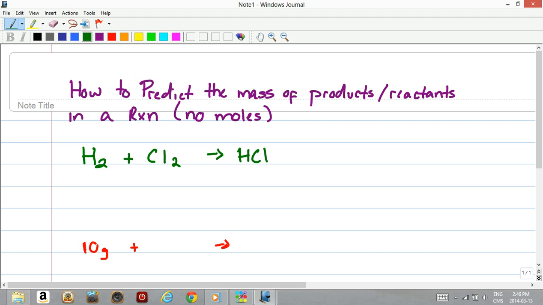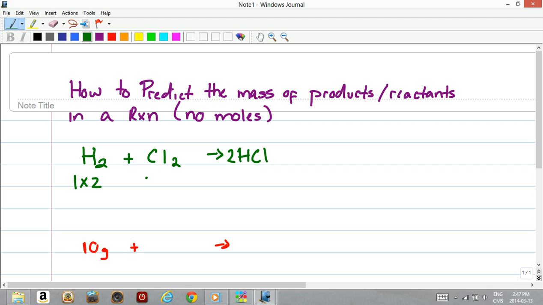What we need to know is, first of all, how to balance the equation. So I'm going to do that quickly for you. Okay, now the equation is balanced. The other thing we need to know is the atomic mass of our elements. For example, hydrogen has a mass of 1, but there are 2 hydrogens.